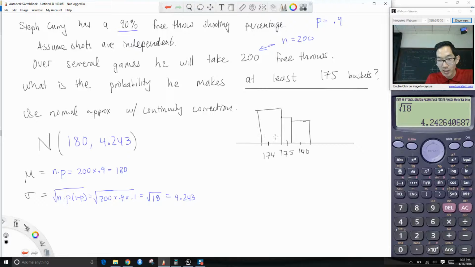Anyway, this is the worst picture ever. Where do I want to draw my cutoff line? I want 175 or more, so I do want the bar for 175, I do want the bar for 176, and I do want everything this way. I don't want 174. So my cutoff is going to be at 174.5.